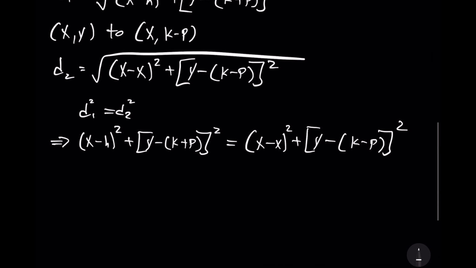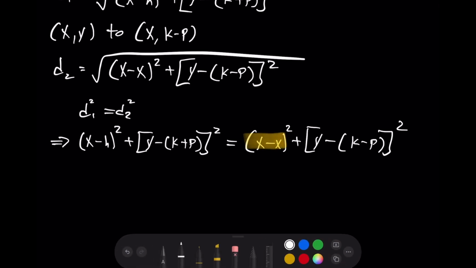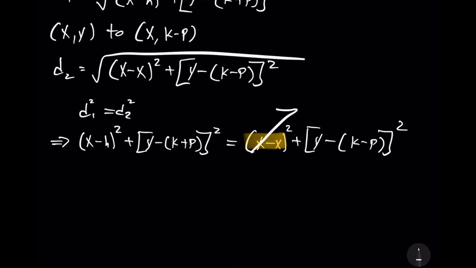Great. Let's just work our way through this. First, notice that we have this x minus x, well, that clearly is just a 0. That goes away. So now we have (x minus h) quantity squared.